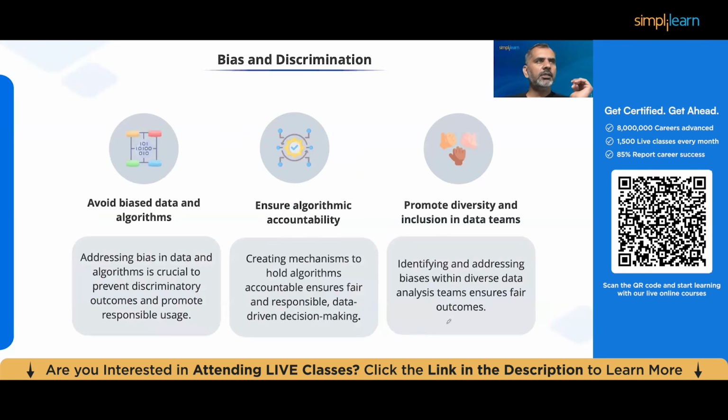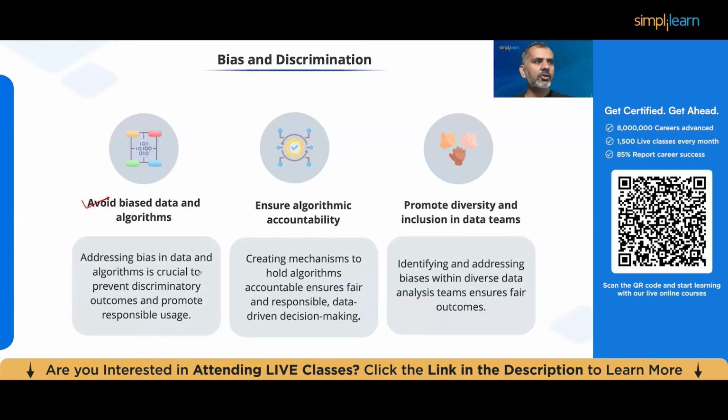This is one of the important aspects. As I said, bias and discrimination is very important because if your data is not collected fairly, it will come with a bias. And when you train any model on biased data, the predictions will also be biased, guys. And that will introduce discrimination. So the very first thing is that when we collect the data, we avoid biased data and algorithms.